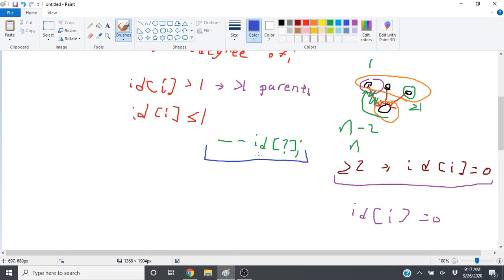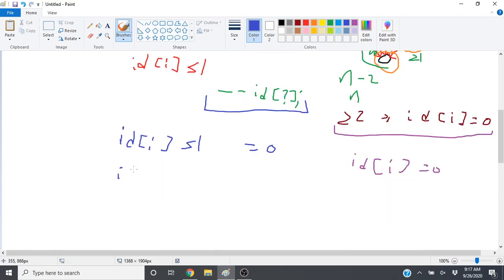So now we'll say, how many operations do we actually have to do? Well, if ID_i is less than or equal to 1, then we don't care about it, because we've already satisfied the condition for this vertex. So 0. Otherwise, if ID_i is greater than or equal to 2, the other case, then we have to decrease it until it becomes 1.